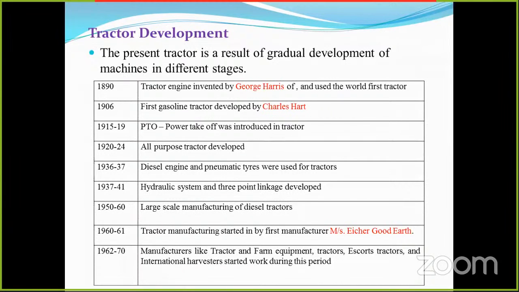Next, during 1950 to 60, large scale manufacturing of diesel engines for tractors. Next, this is one of the important bits. Tractor manufacturing was started by MS Eicher Goodyear in India, during 1960-61. MS Eicher Goodyear company started the manufacturing of tractors.